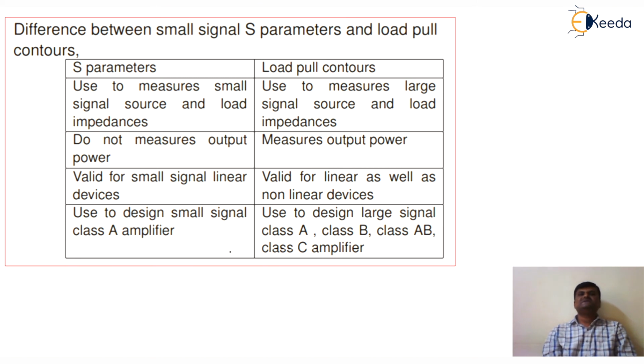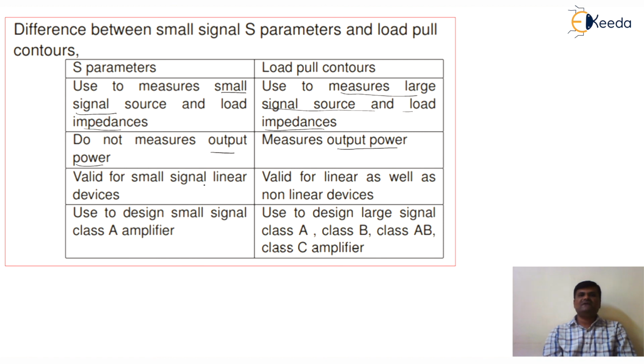See the difference between small signal S parameters and load pull contours. S parameters are used to measure small signal source and load impedances, that is, low power signals, whereas load pull contours measure large signal source and load impedances, that is, high power signals. S parameters do not measure output power, whereas load pull contours measure output power.